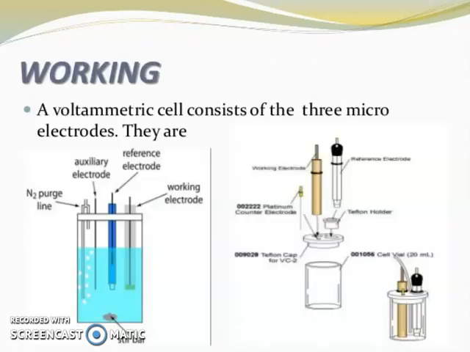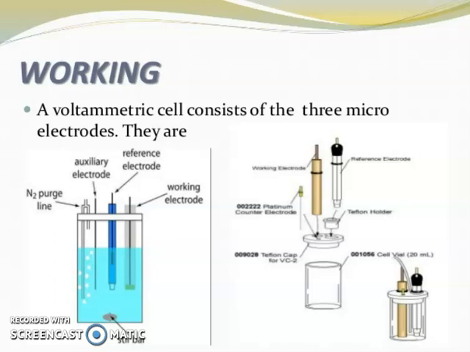So, how does it work? You can see a voltammetric cell consists of three electrodes. They are, you can see, the N2 purge line, auxiliary electrode, reference electrode, and working electrode. If you want to stir, then you use a stir pump.